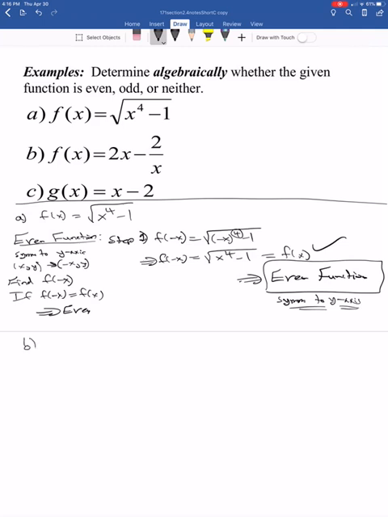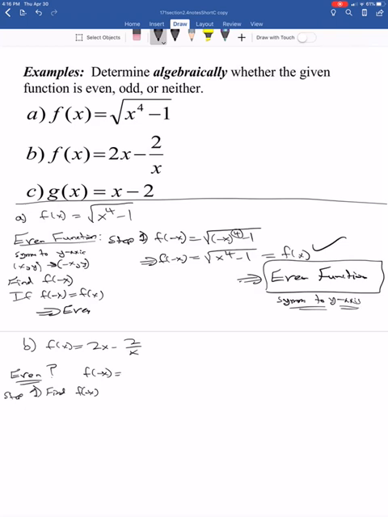Now as we go to example B, what do we have? We've got f of x equal to 2x minus 2 over x. If we want to look at our first test, is this an even function? Let's find f of negative x. Step 1, find f of negative x and simplify.